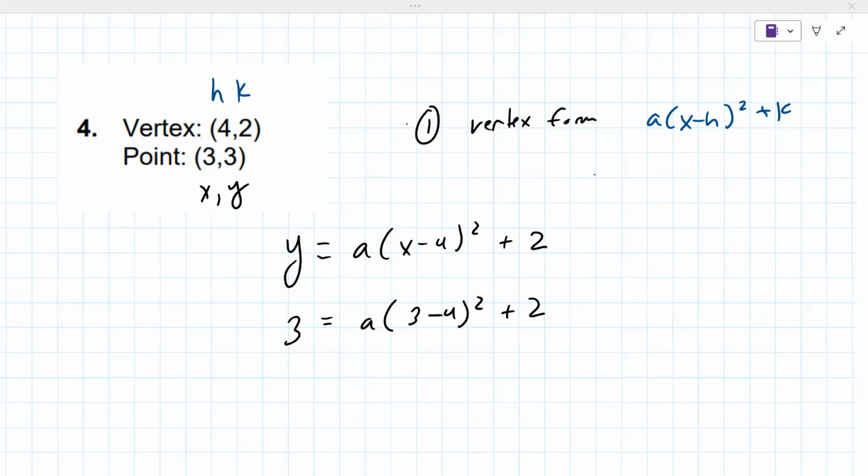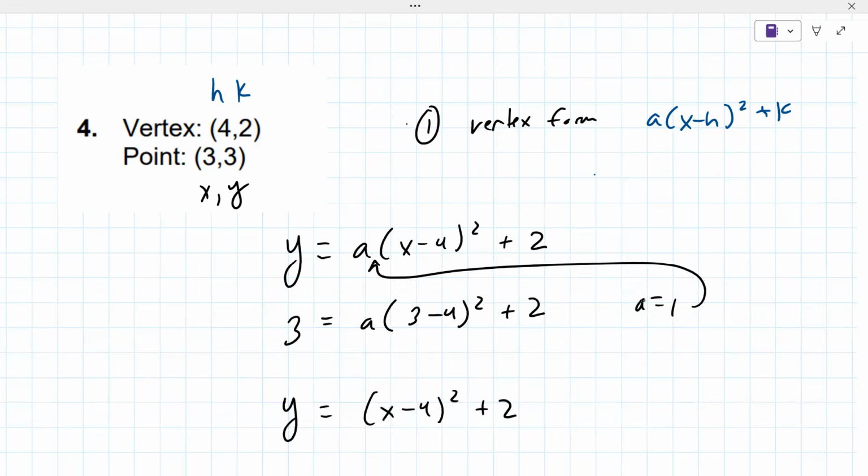A equals 1. A does equal 1, so that goes back into the previous line, and you're at y equals (x minus 4) squared plus 2.